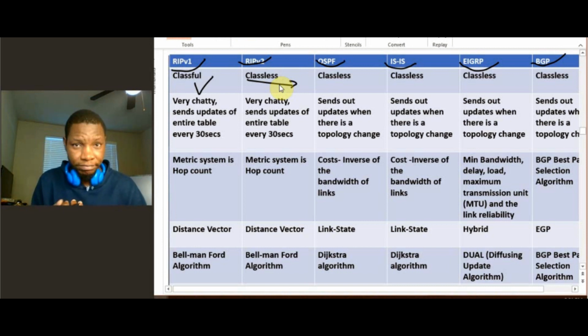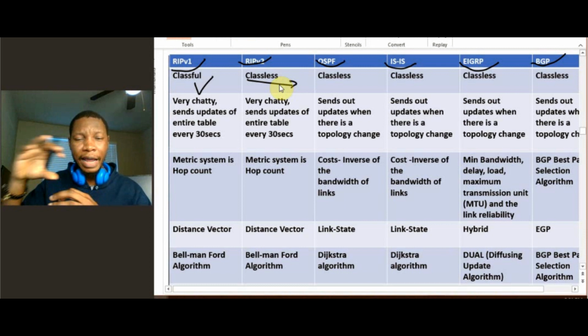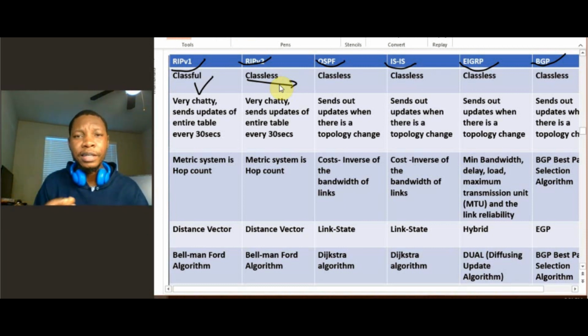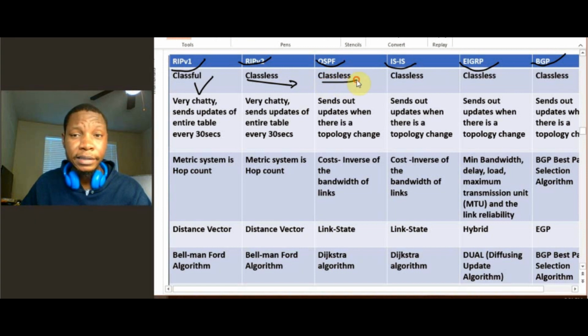It encouraged subnet mask information, right? So it allows for more control for the administrator, right? Because you can now subnet networks into smaller bits and advertise that information. OSPF also was classless. ISIS is classless also. EIGRP classless, and BGP is also classless.